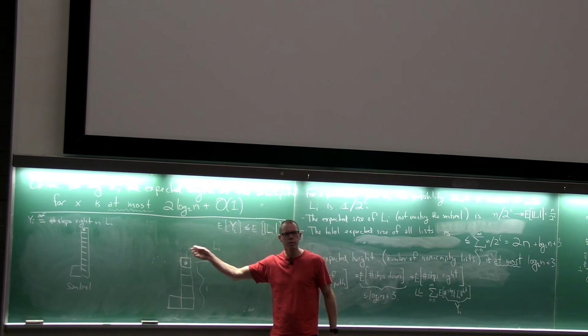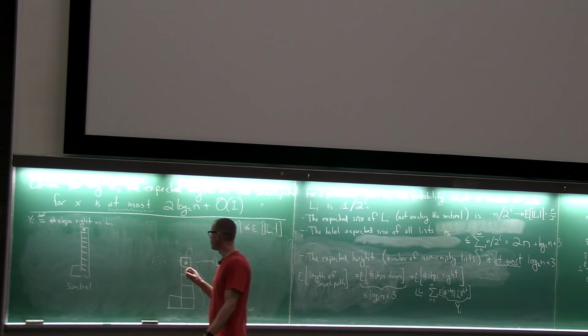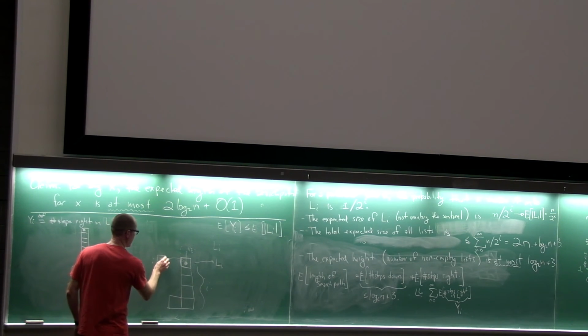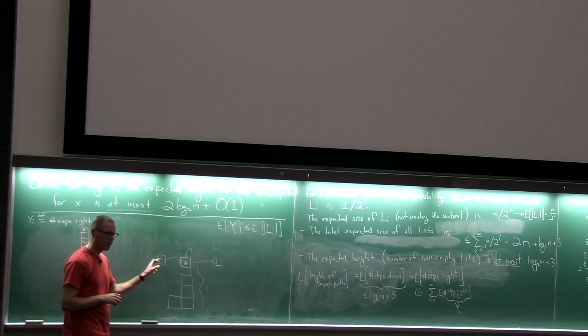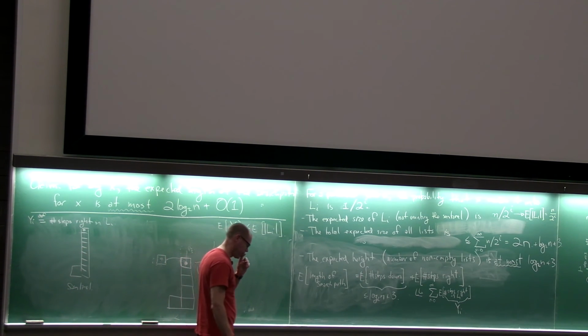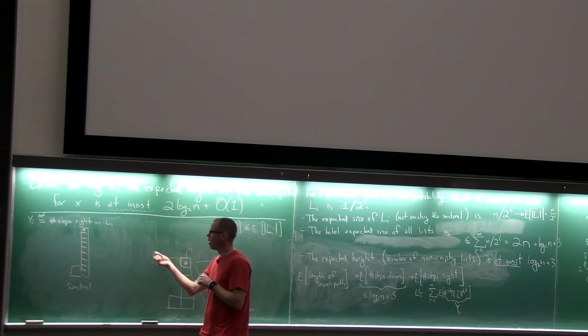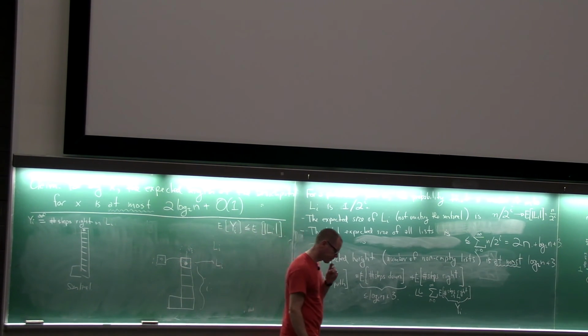Never take a step to the left. So that would be 0 steps to the left in Li. The other half of the time, you do have to take a step to the left, and then you find yourself in the same situation again. And so half the time after that, you get to go up, half the time after that, you get to take a step to the left, and so on.